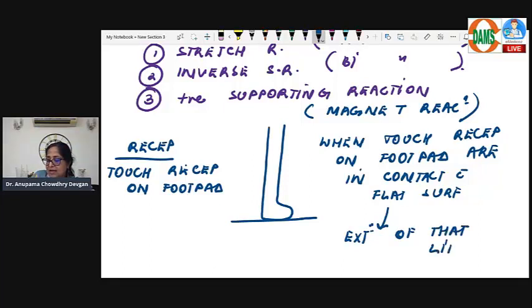This is known as a positive supporting reaction or a magnet reaction.